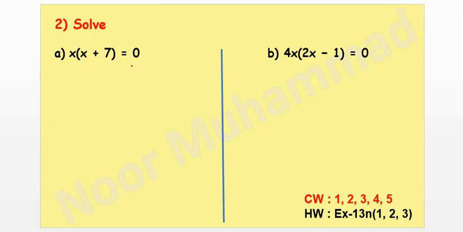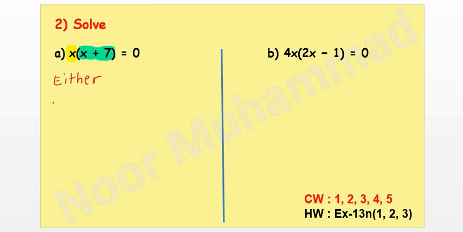Now to solve this, usually what do we do to solve an equation or a quadratic equation? We factorize the left hand side, and according to the standard form we should have 0 on this side. But in this case, in both this A and B part, already the equation, or you can say the expression, has been factorized. So simply I will say either the first factor is 0 because I already have two factors. This is the first one and this is the second factor.